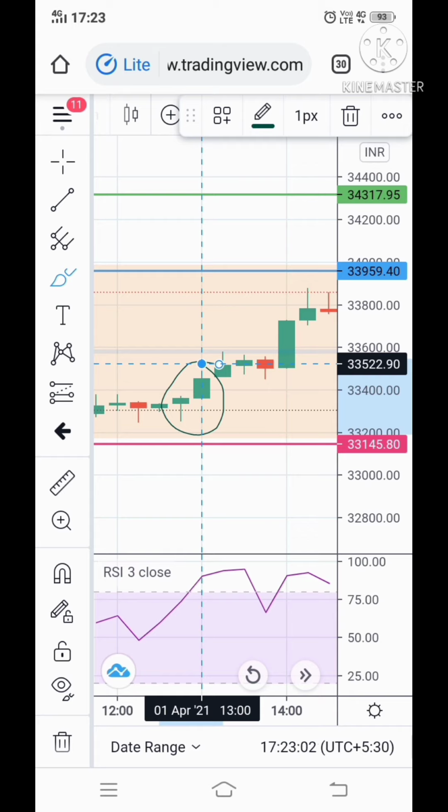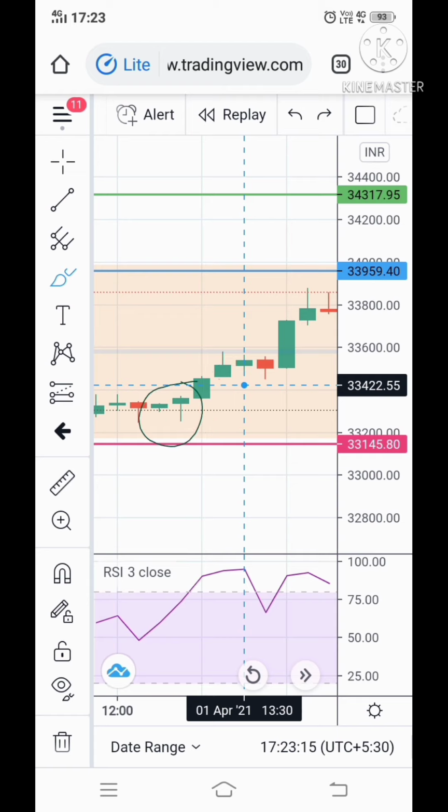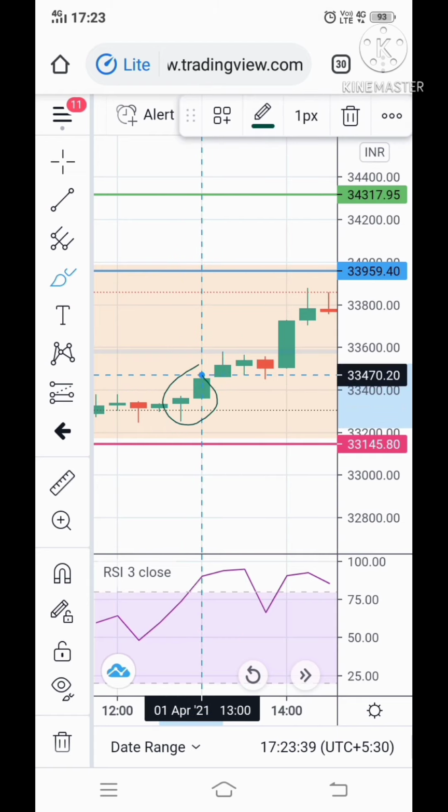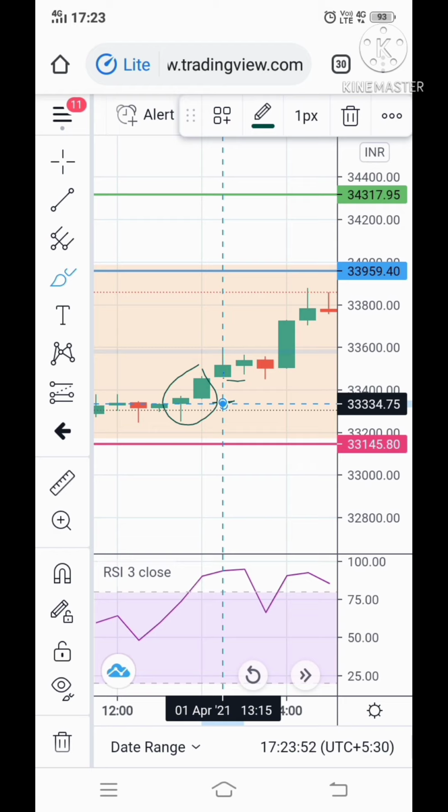So we will take a trade here, around here. Just a minute. Hold on, these two candles, and we are taking the trade in the lower part of the third candle. And where will our stop loss be? Our stop loss will be around here.